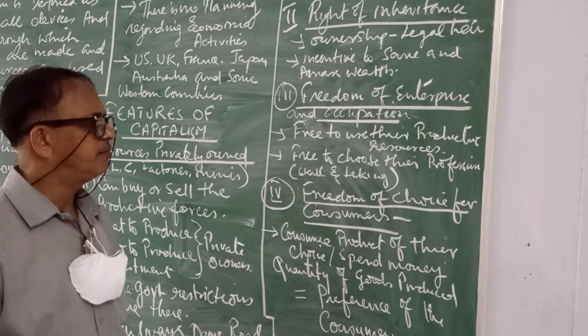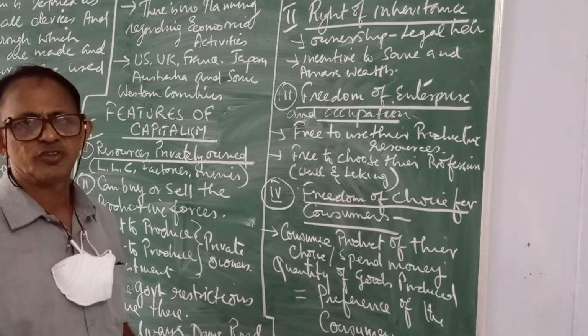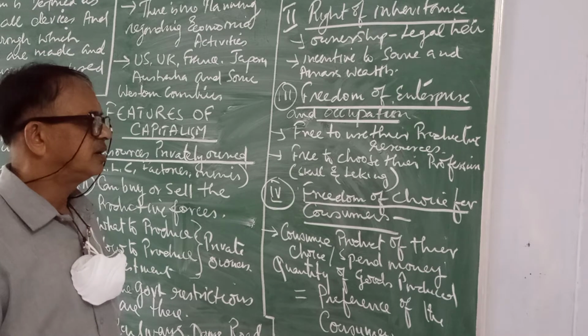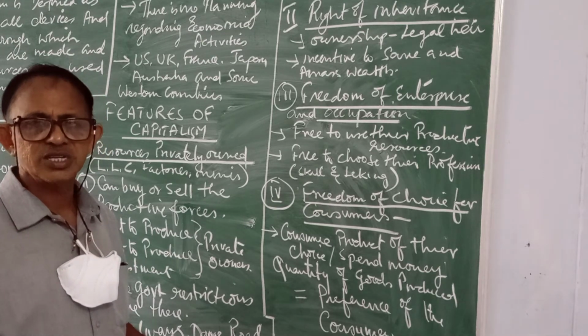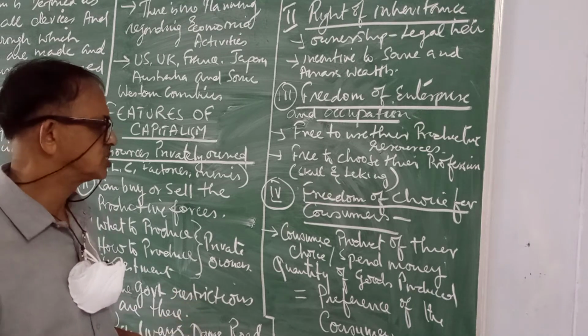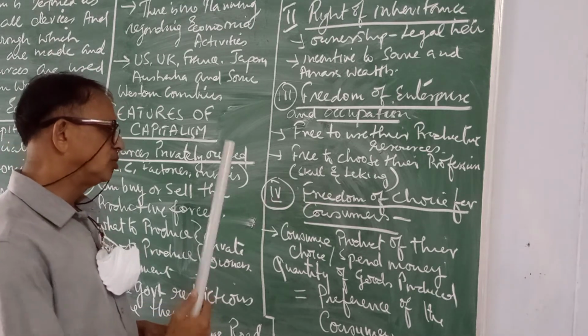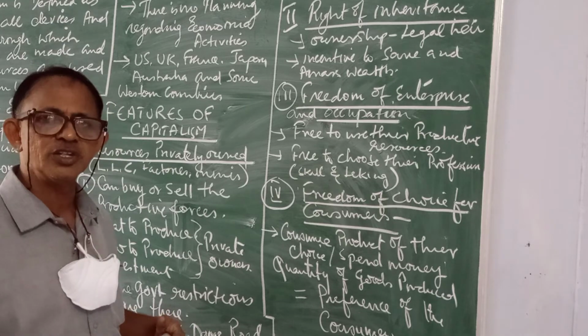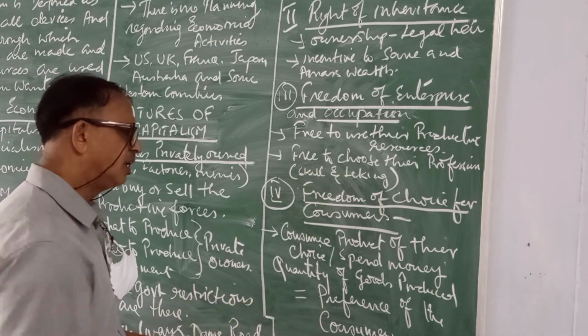Everyone is free to use their productive resources in the way they like, and furthermore, anybody has a right to choose any kind of profession according to their capability and skills. Now I am coming to the fourth point, freedom of choice for consumers. This is a very vital point.